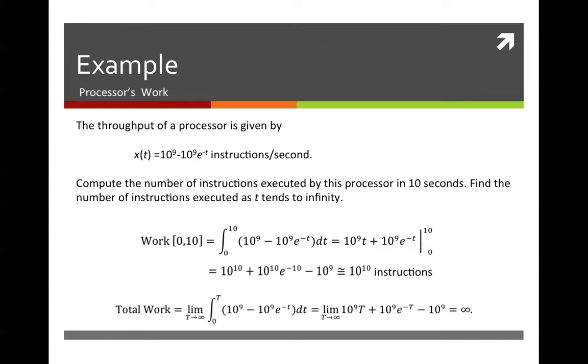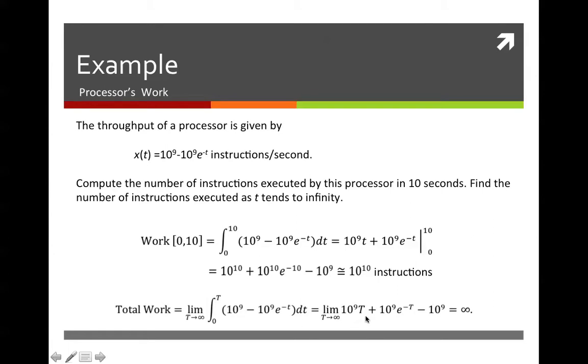And this I think is reasonable, as I predicted that this term will tend to 0 very quickly, so at the end of 10 seconds it will be very, very small. So effectively we're executing 10 to the 9 instructions per second, and in 10 seconds that will be 10 to the 10, which is roughly what we get here. And if we want to compute the total work, then we have to take this limit, so we go ahead and do that.